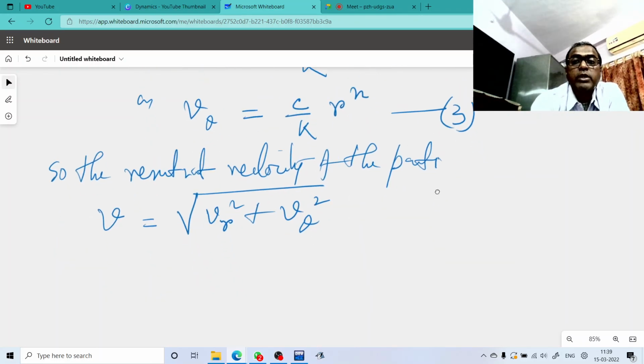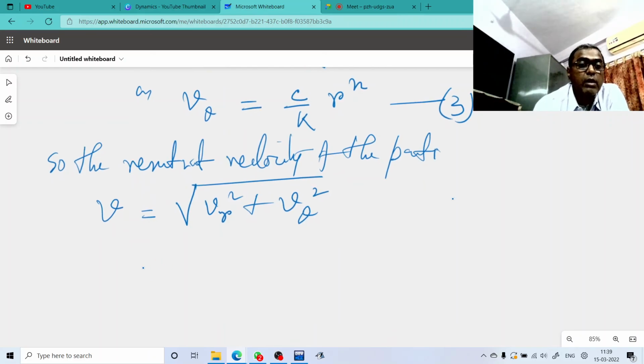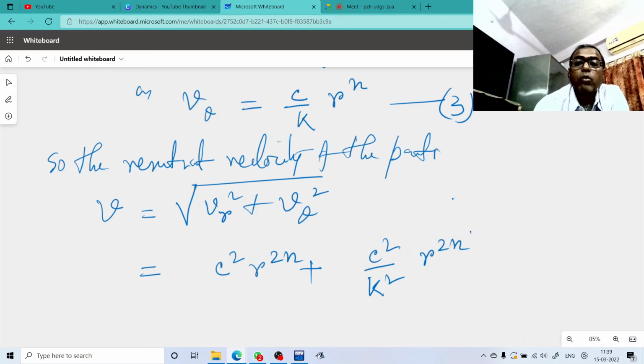So by 2 and 3, this vr square means c square r to the power 2n plus v theta square means c square by k square r to the power 2n, whole to the power half.